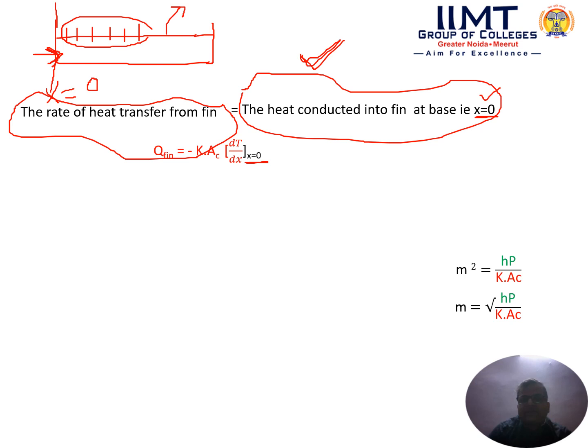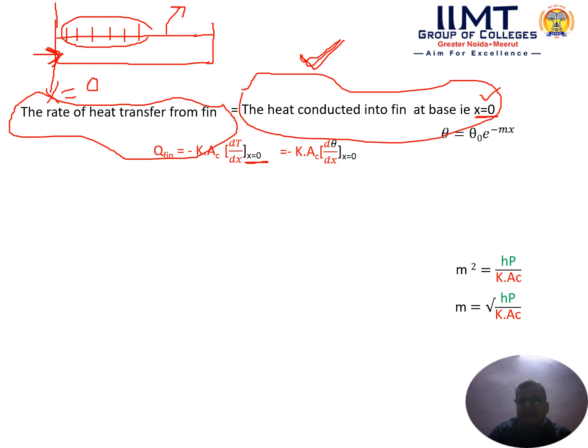Then by using the temperature distribution equation for case number 1, we can easily get the value of dT by dx. dT by dx can be written as d theta by dx. Then minus kAc d theta by dx at x is equal to 0. This can be calculated with the help of the temperature distribution equation, which was already explained in the last slide.